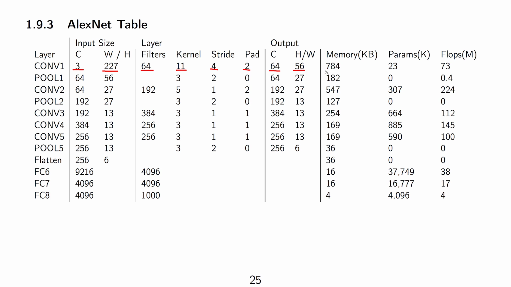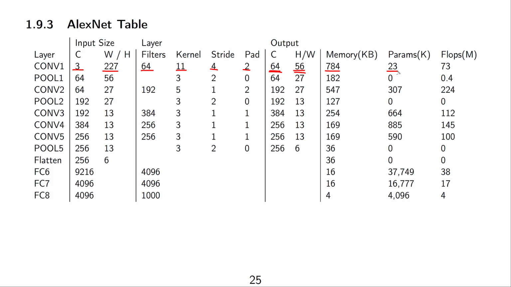So how do we get this memory? What is the data structure size of the output of the first layer? We have to multiply 64 times 56 times 56. This is the tensor size. Then we need to multiply by 4 to have 4 bytes per number, and then we divide by 1024. How can we compute the number of parameters as 23,000?